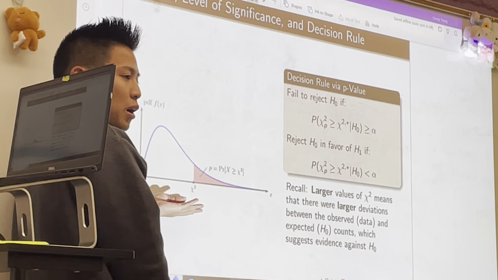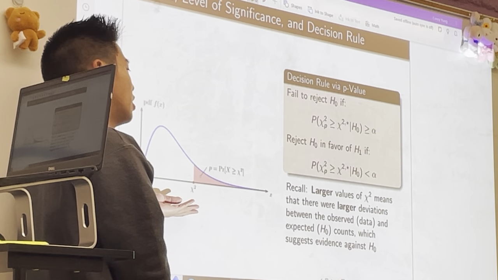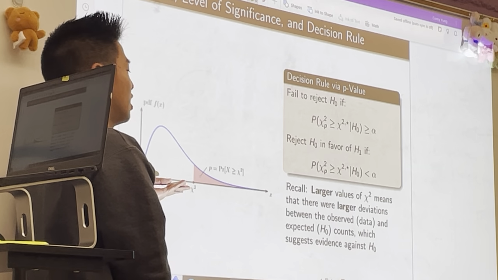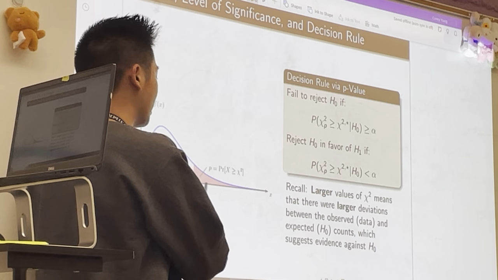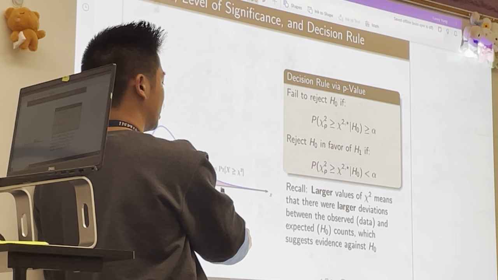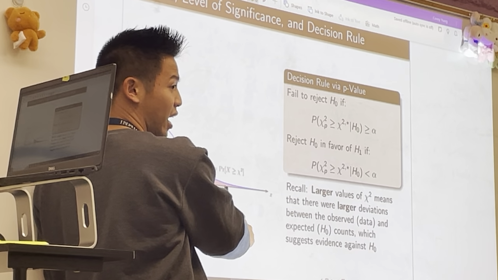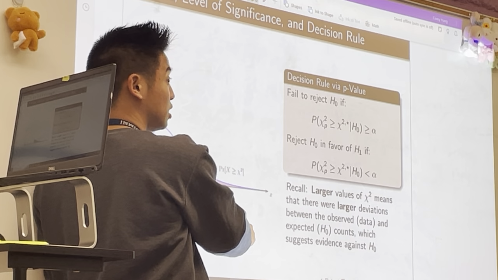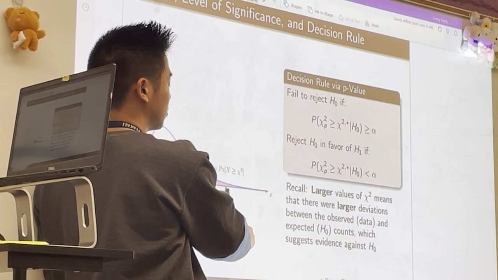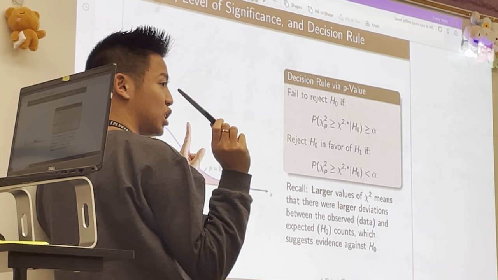So for our purposes, you guys are doing right-tail tests all the time. You're not doing a two-tail test. You're not doing a left-tail test. You're doing a right-tail test because, as I mentioned before, if you have a very large chi-square value that's way over here, then that signals to us that the null distribution and the observed data had large deviations, right?